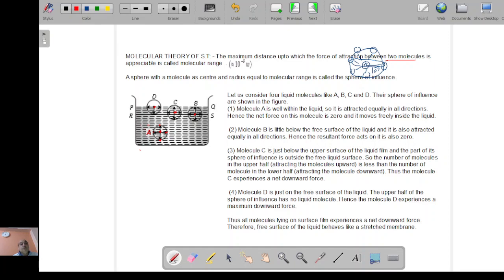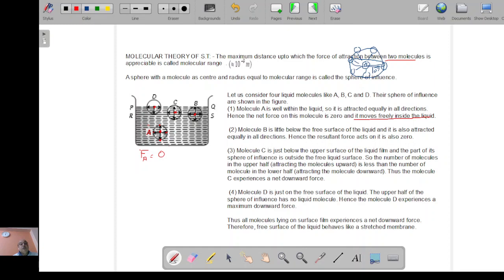So the net force acting on the molecule A will be nearly zero. It means molecule A may move freely inside the liquid, because the net force on A is zero.